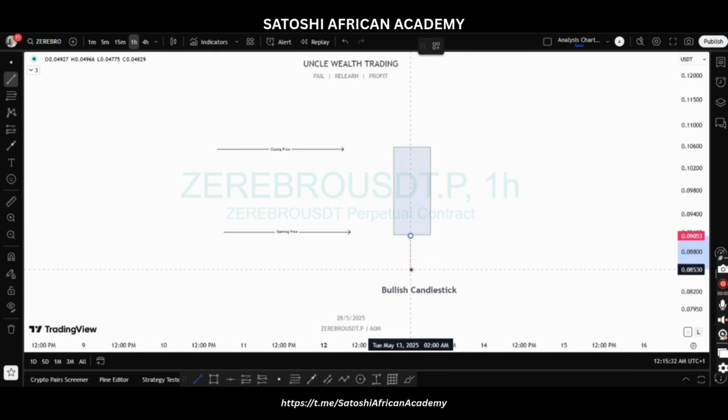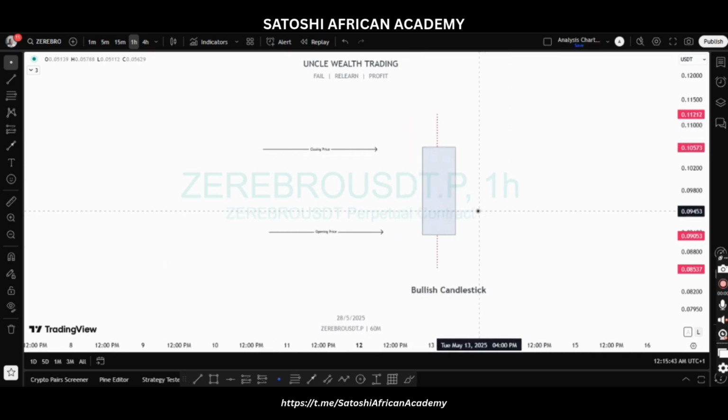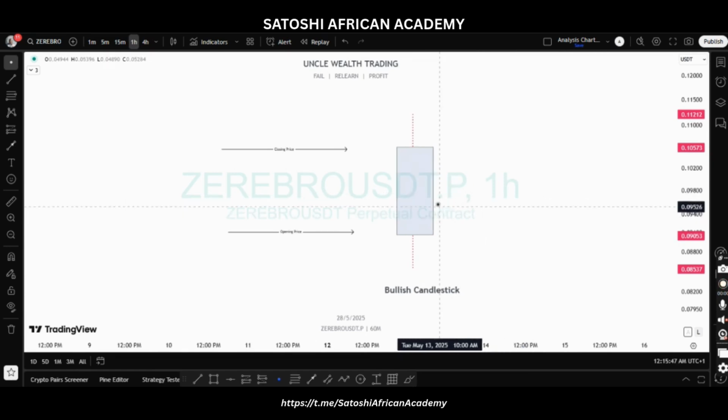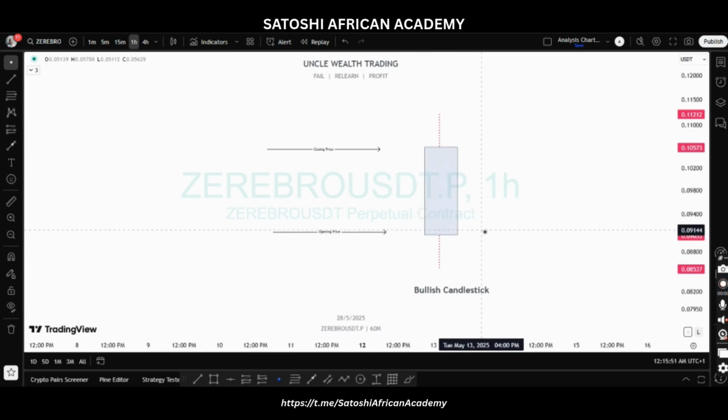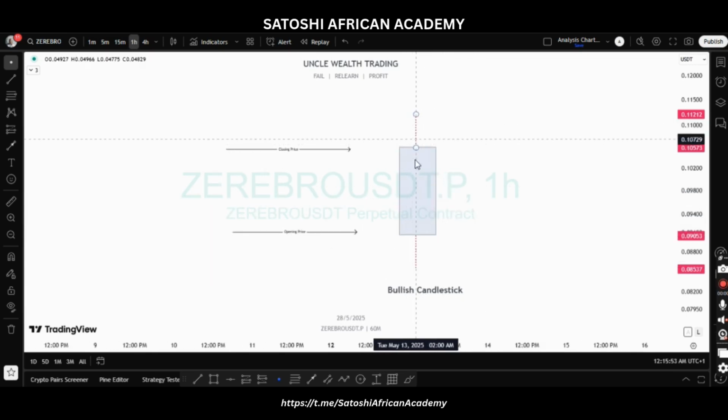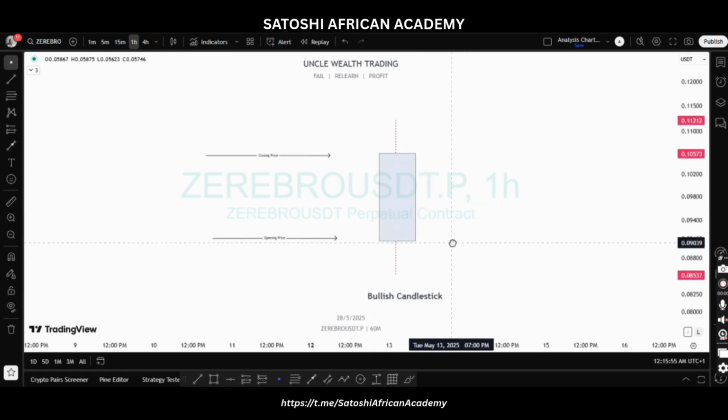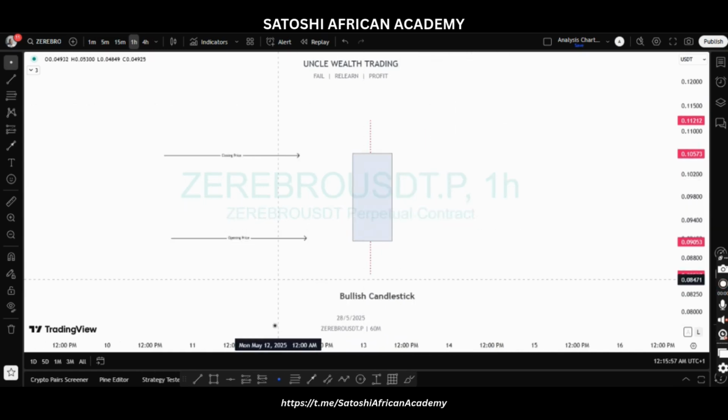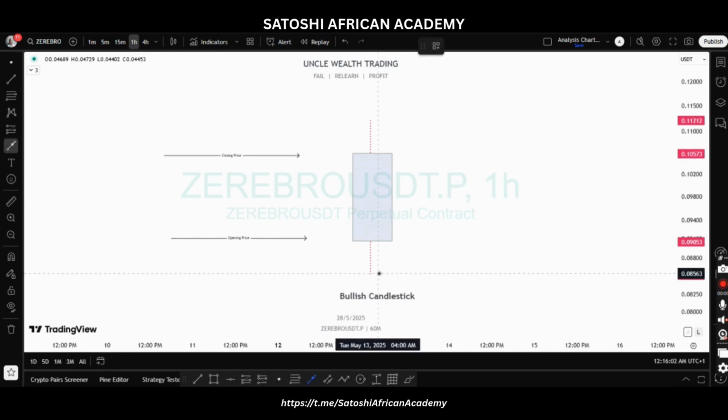And so most candlesticks have wicks, and these wicks stretch out above and below the candle body. So you have to see that as a part of the candle. All of them are not the same, but most times they have wicks above and below. Now, these are also important parts of the candle.